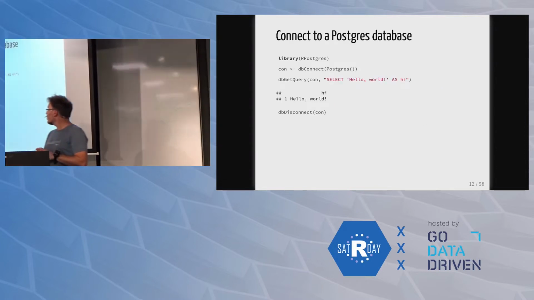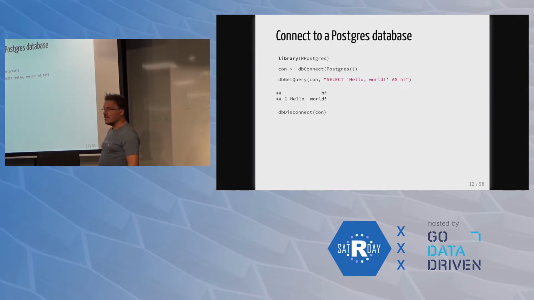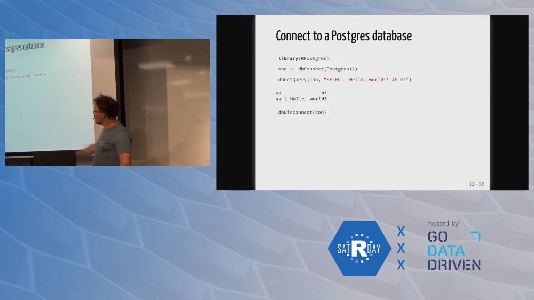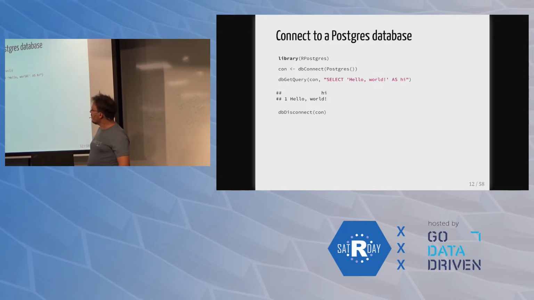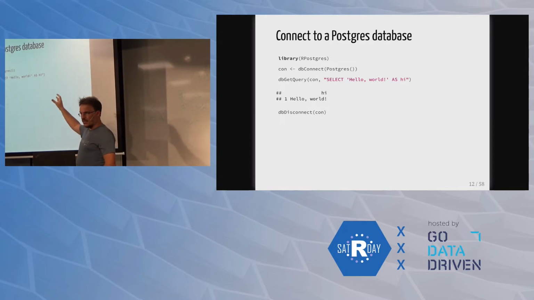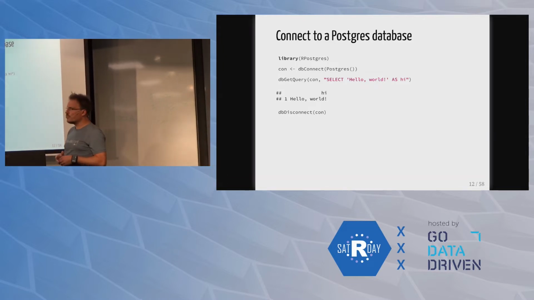So that's the context. Here, to connect to, let's say, a Postgres database, the DBI way to do this would be to attach the database backend, RPostgres in this case, and call dbConnect, which establishes the connection. In this case, the server runs on my local machine.